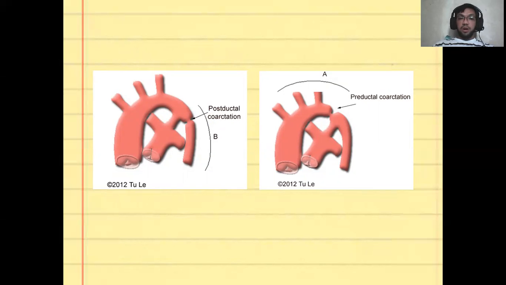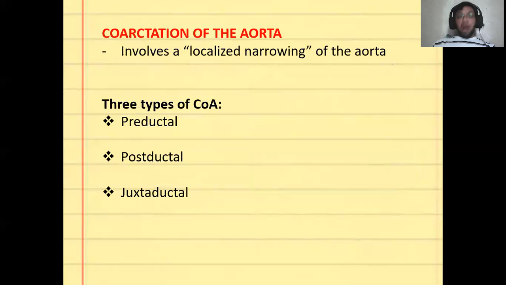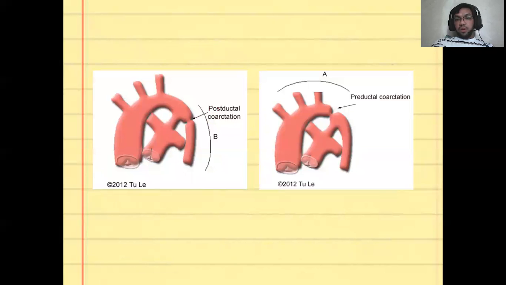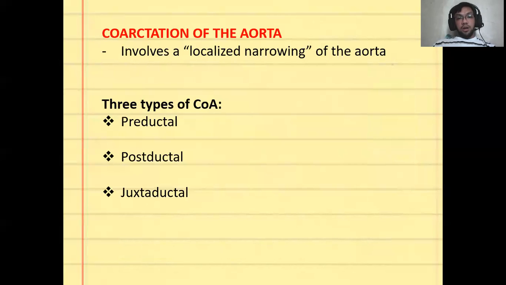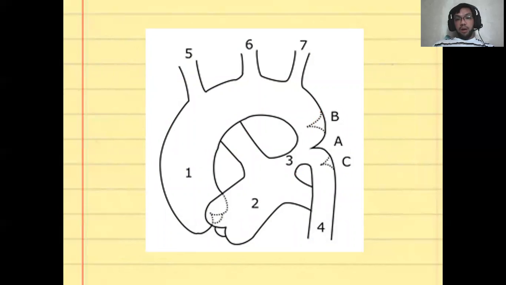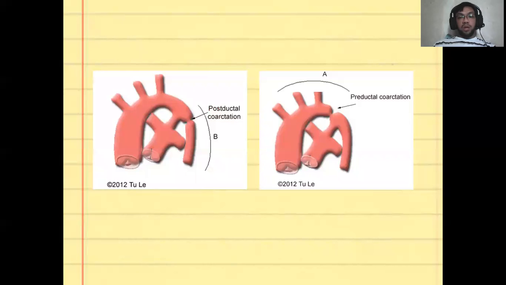Juxtaductal occurs at the ductus arteriosus, while the postductal coarctation occurs after the ductus arteriosus. And remember, in coarctation of the aorta, the ductus arteriosus remains open. So as you can see here in this illustration, letter A is the juxtaductal, letter C is postductal, and letter B is preductal coarctation of the aorta.